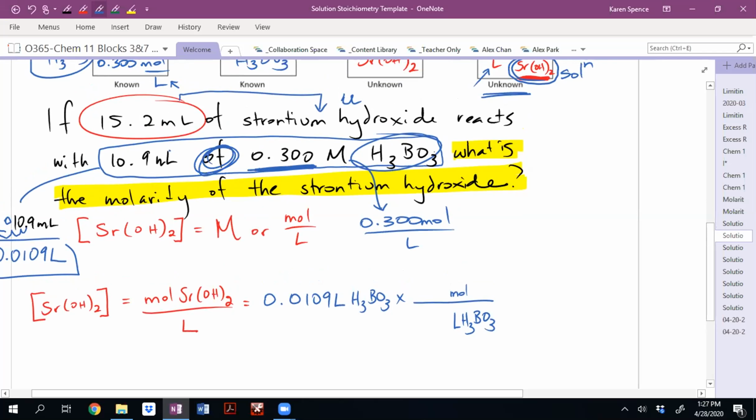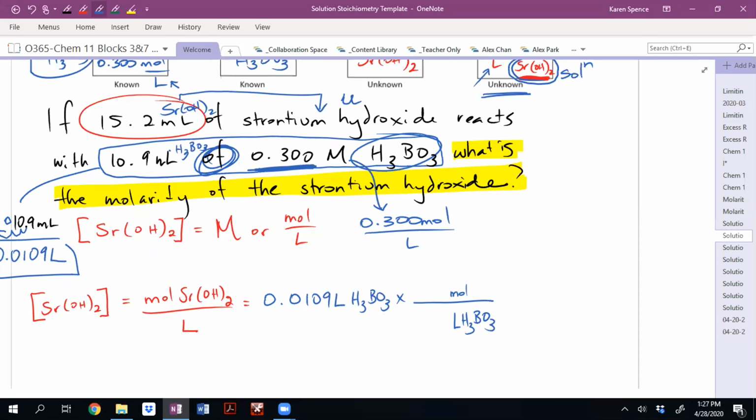So this is milliliters of H3BO3, and this is 0.300 molar H3BO3. I have 15.2 milliliters of strontium hydroxide, so I can't use the concentration of the acid to find the concentration of the strontium hydroxide. Does that make sense?